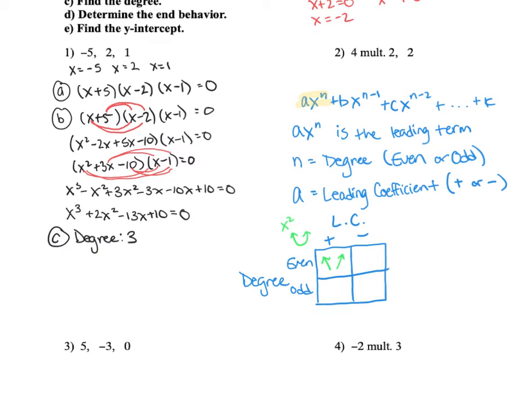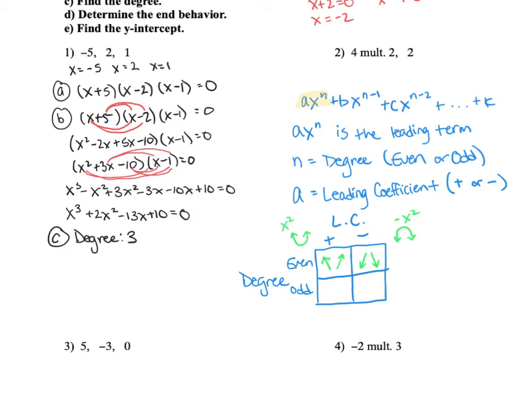Whereas if I had a negative leading coefficient and an even degree, it might look something like this, or a negative x squared with that reflection, which we learned about in our last unit. So this shows if we have an even degree with a negative leading coefficient, both ends are facing downward.